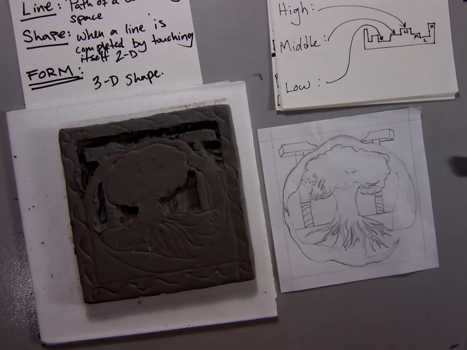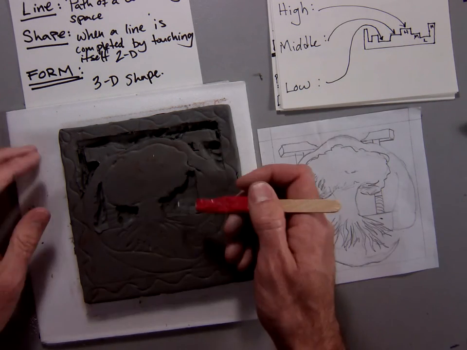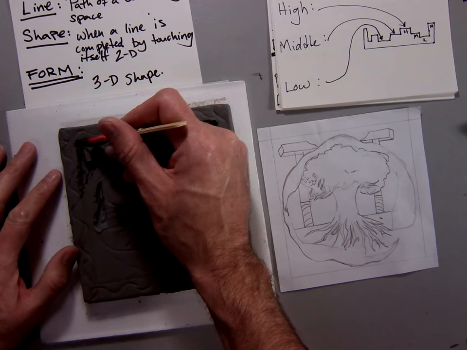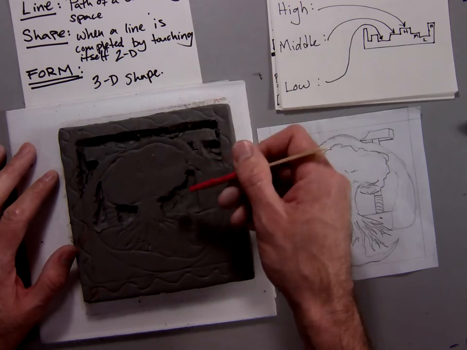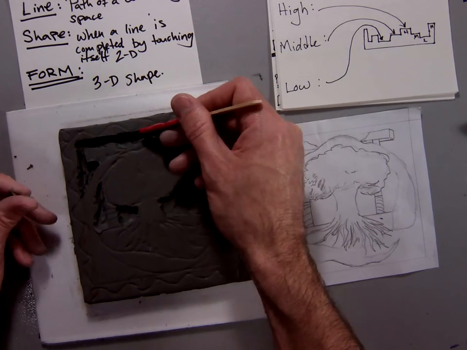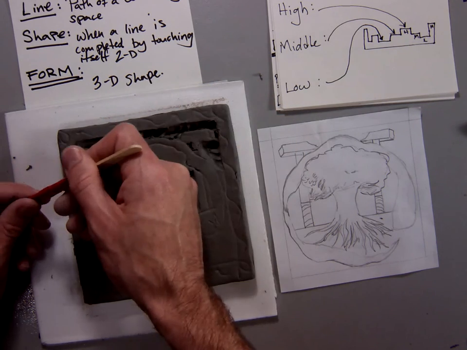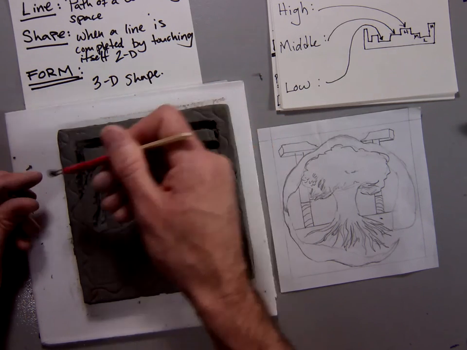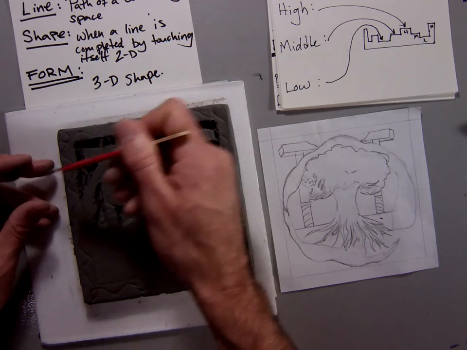So I would say if I'm taking down my deepest background, this area up here is actually deeper than this first area I dug away. So you're going to come into a thing of needing to experiment: how much can I get away with? What do I really want it to look like? How deep do I want it to be? How many levels do I want this to have?